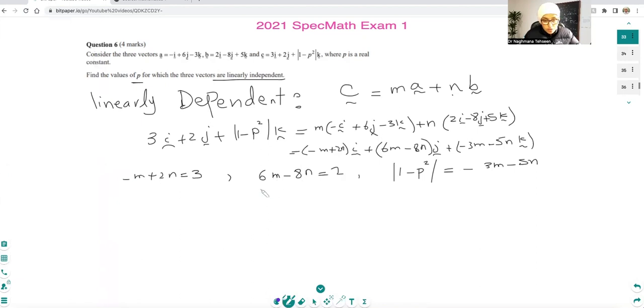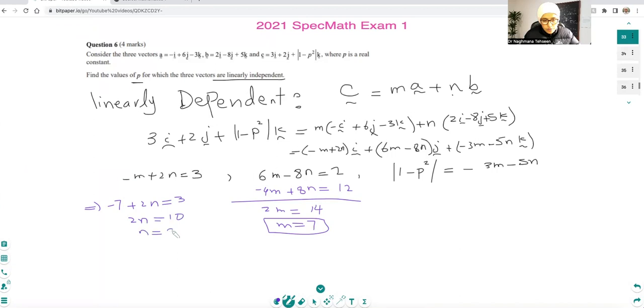So we get negative 4M plus 8N equal to 12. And then we add them together, we get 2M is equal to 14. This gives me M is equal to 7. If M is equal to 7, then negative 7 plus 2N is equal to 3, so 2N is equal to 10. That means N is equal to 5. So we got M is equal to 7 and N is equal to 5.